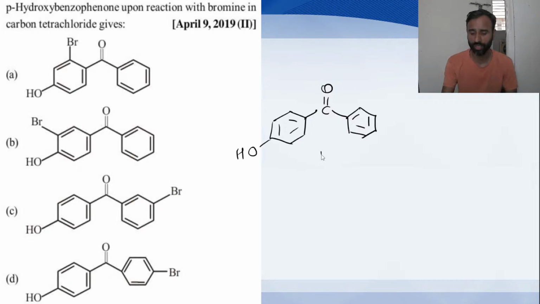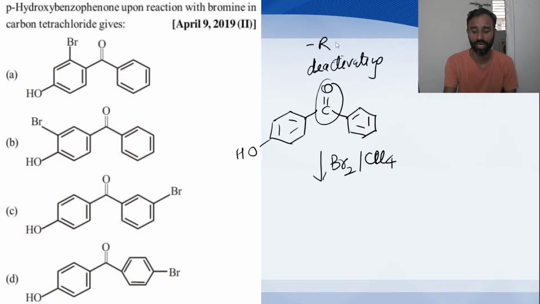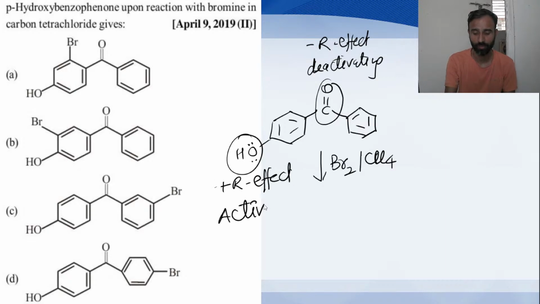Now on bromination, the CO group is a deactivating group, because it will show minus R effect. OH will show plus R effect, and it is an activating group.